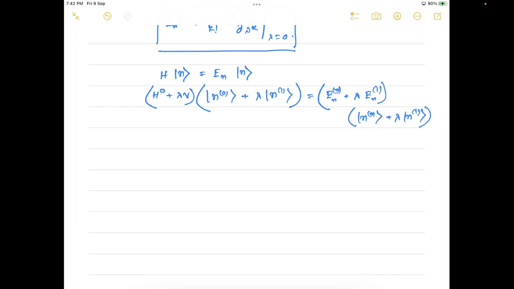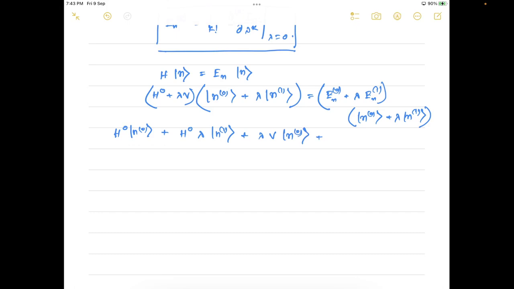Now you can break this term like H0|n0> plus H0 lambda |n1> plus lambda times V |n0> plus a lambda squared term.